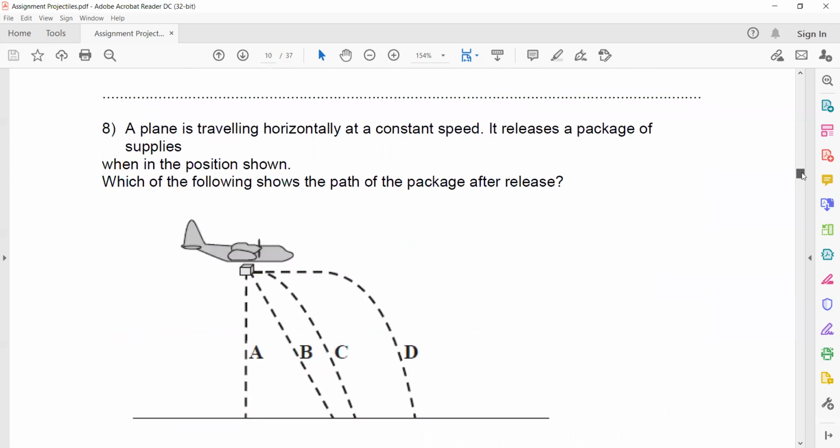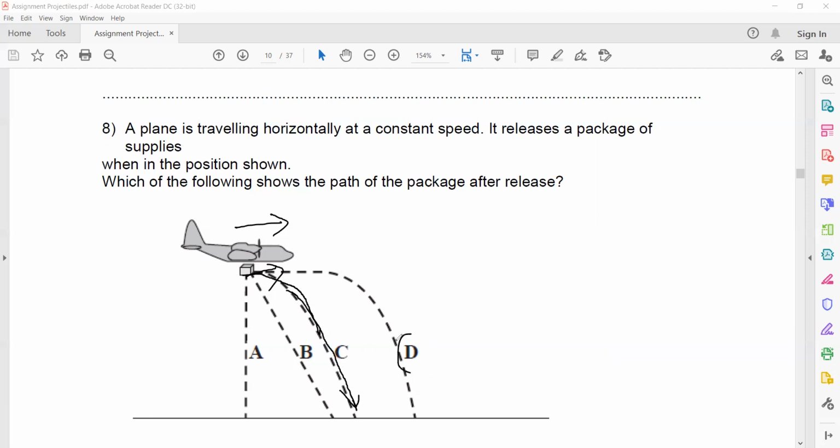Then question 8, a plane is traveling horizontally at a constant speed. It releases the package. So what will happen when it releases? It cannot be A, because there is a horizontal component for the plane, so there should be a horizontal component for the package as well. So it will move horizontally, and then it will have both horizontal and vertical components.